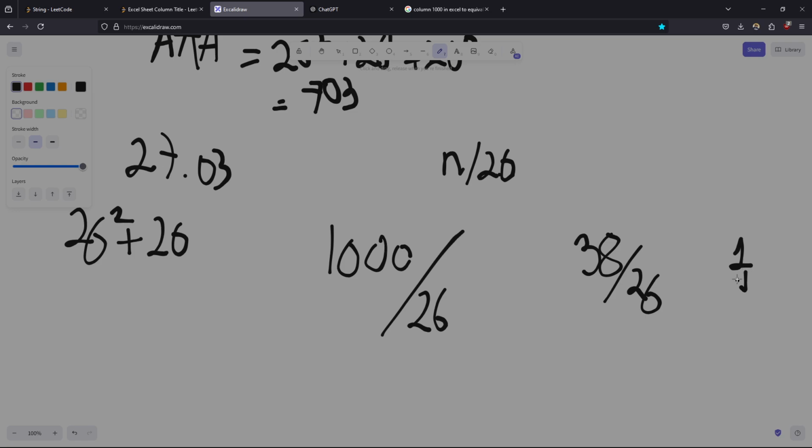So it means that currently we have 1. As we know, 1 means A, right? As 1 means A, we will put A here.